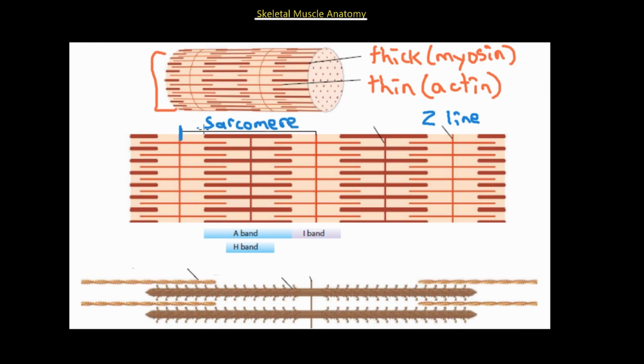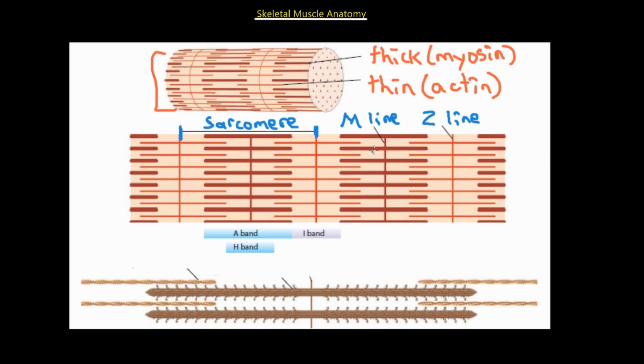That's going from the Z line to the next Z line. Each Z line represents a sarcomere. So the distance between the two Z lines is the length of the sarcomere. Now another line that is important here is the M line, and this line is the middle of the myosin connection.